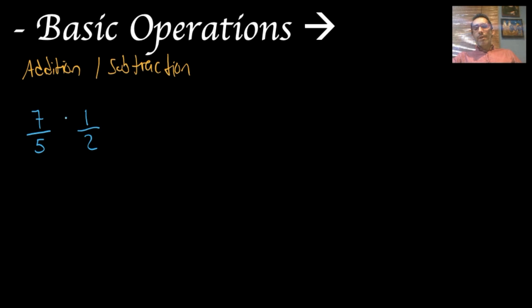And we need to add them or subtract them, okay? Let's go first with addition. So if we want to add these two numbers, remember, step by step, the process is we need to find the common denominator. So what is that multiple between 5 and 2 that is common to both, okay?